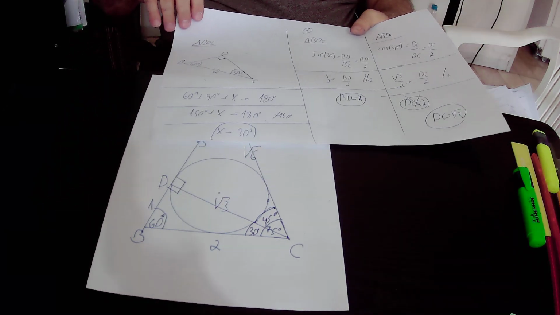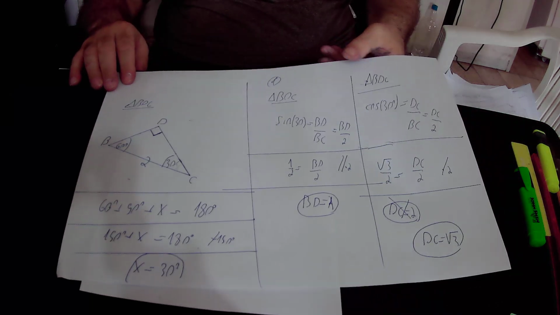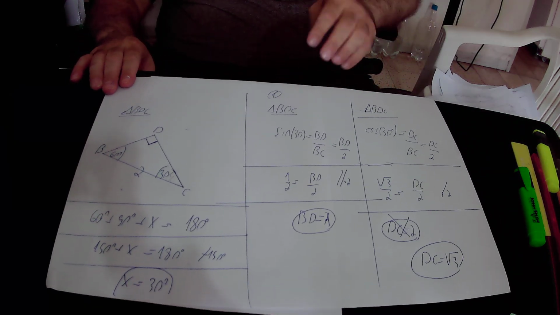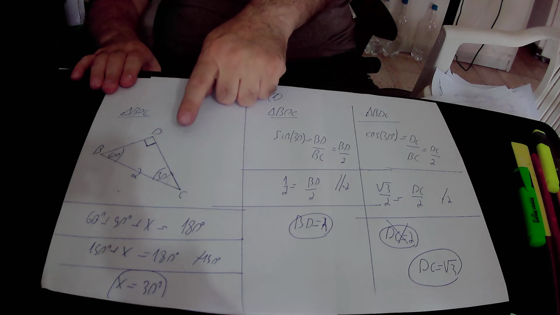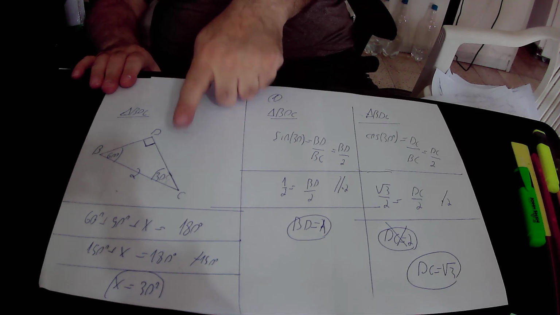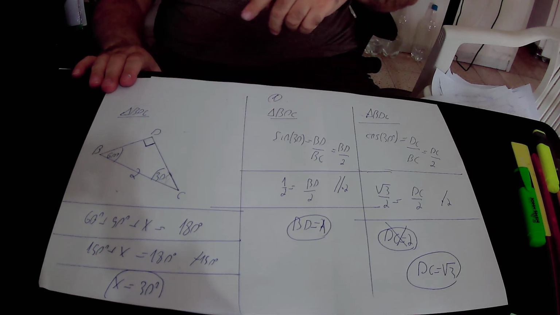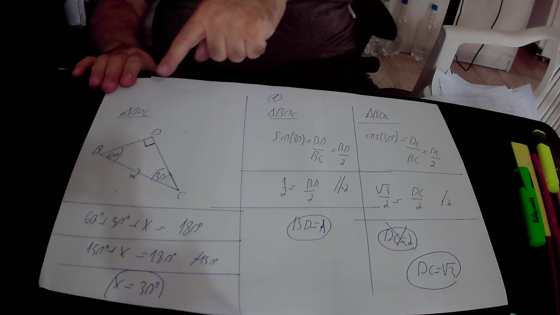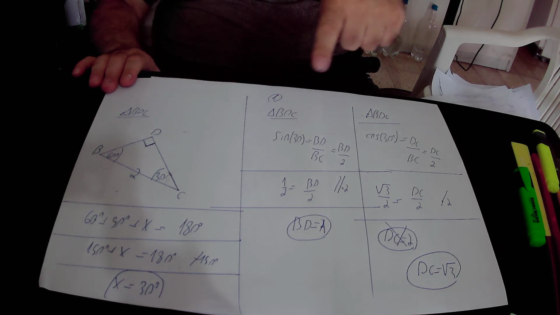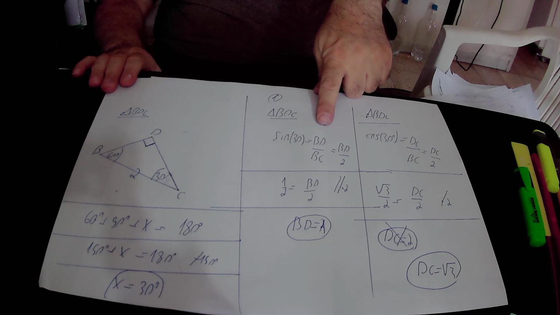Then we continue to focus on the right triangle BDC. In the right triangle BDC, it is very easy to see that sine of 30 degrees equals BD over BC.